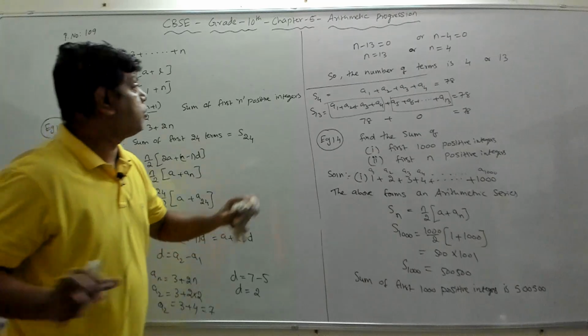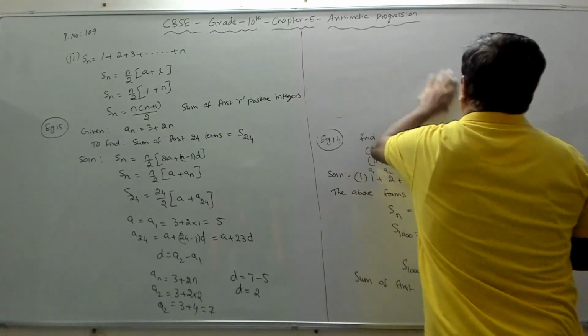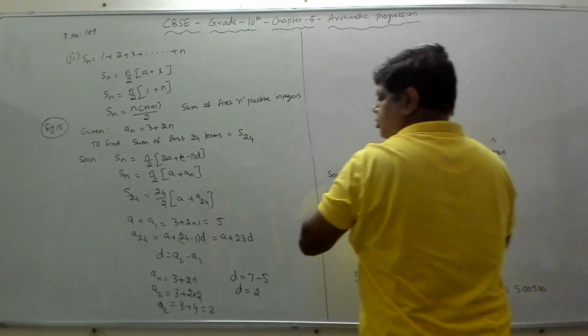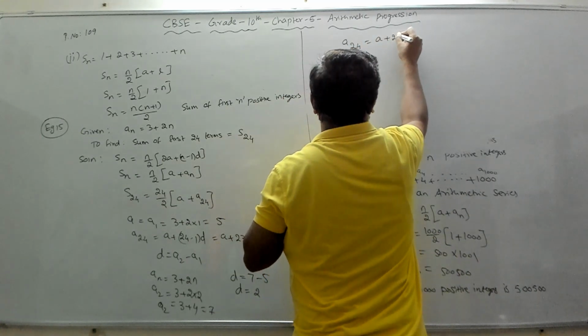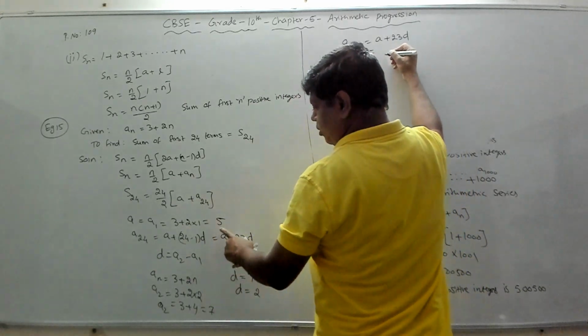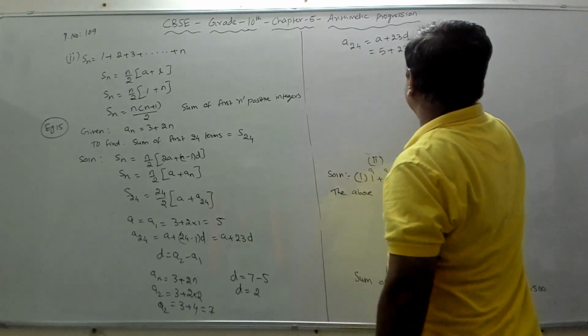So what is A24? A24 is equal to A plus 23d. A is the first term, which is 5, plus 23 into d. d is 2.